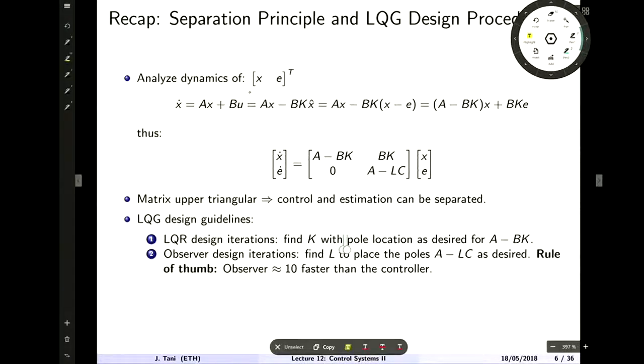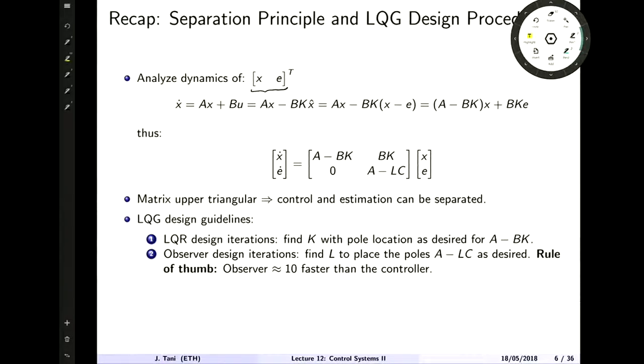So what we do is we put everything that we care about, which is the state and the error of tracking, in this vector xe. And now we try to understand the dynamics of x and e combined. So the dynamics of e, well, they're obvious. We've done them 2 slides ago. They're simply e dot equals A minus LC times e.